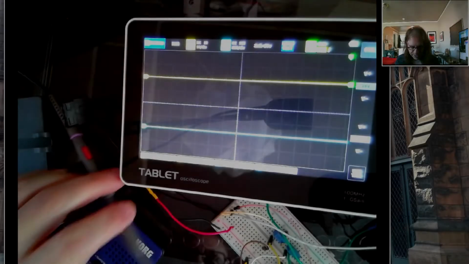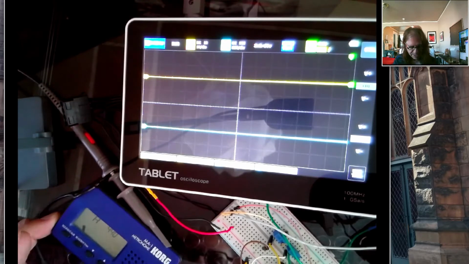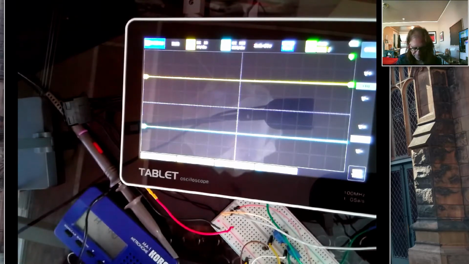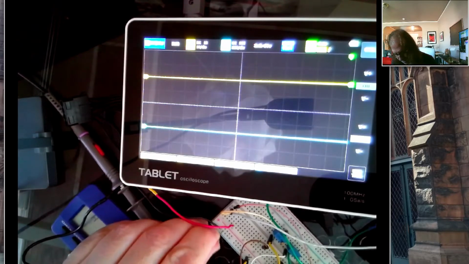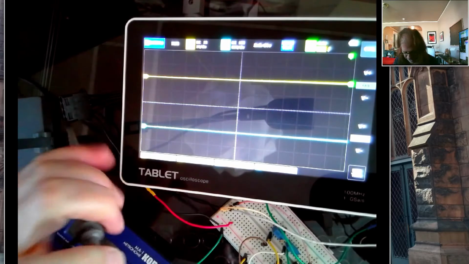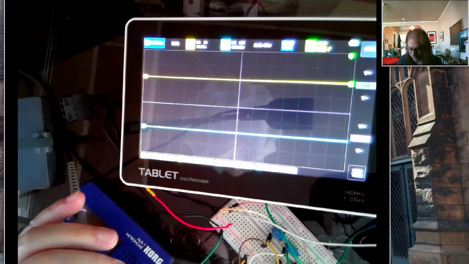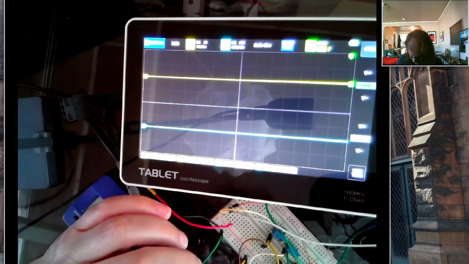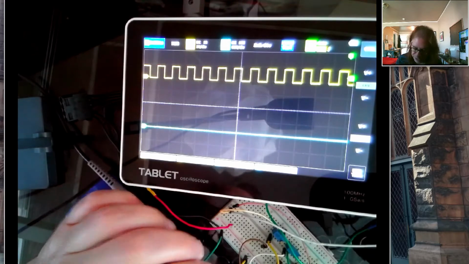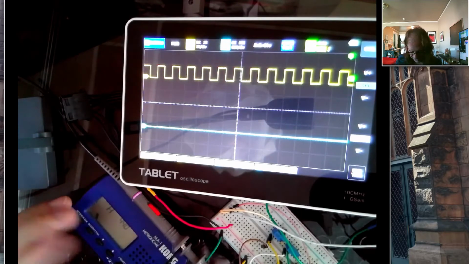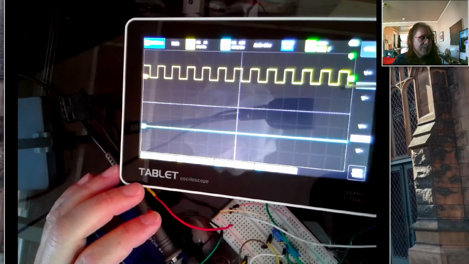Alright, so let's go ahead and take some readings here. So let me take my scope probe, hook this end up to ground, and I can take a reading on, let's just take it on the output of our calibrator. And so you can see this is generating a 440 hertz tone.